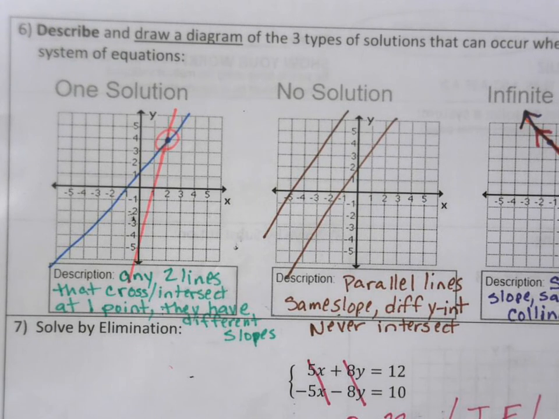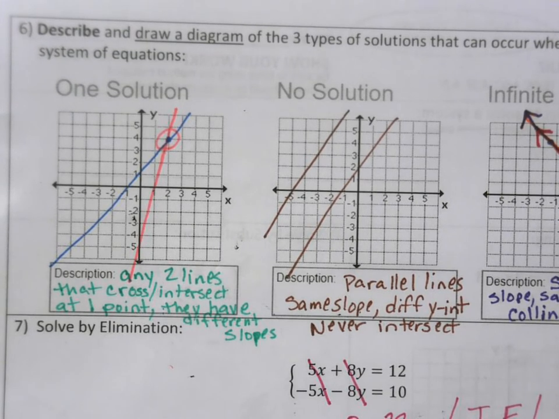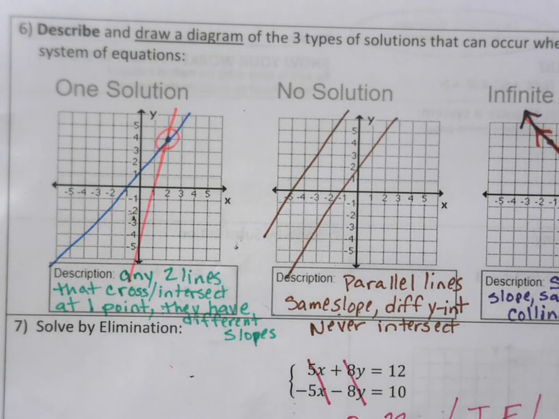Your two lines could have been any kind of lines. They just had to cross at one point. So your description: any two lines that cross or intersect at one point. They have to have different slopes. If your two lines have different slopes, they will have a solution.